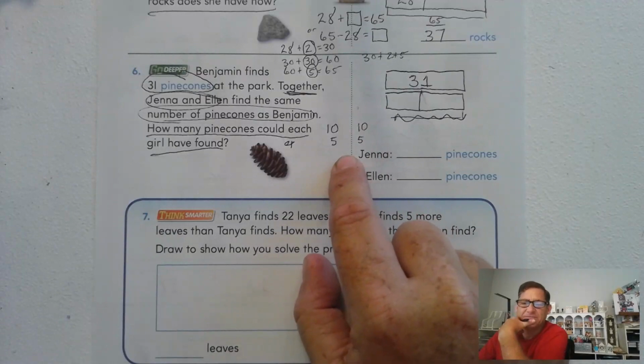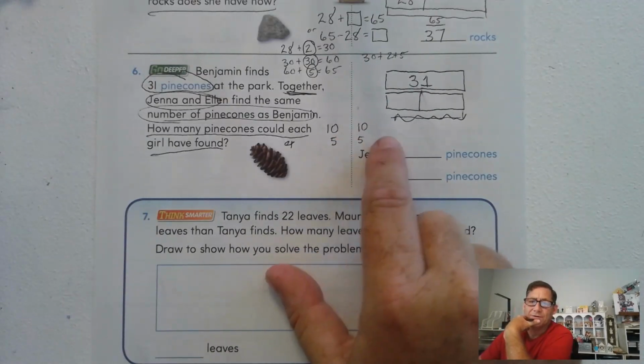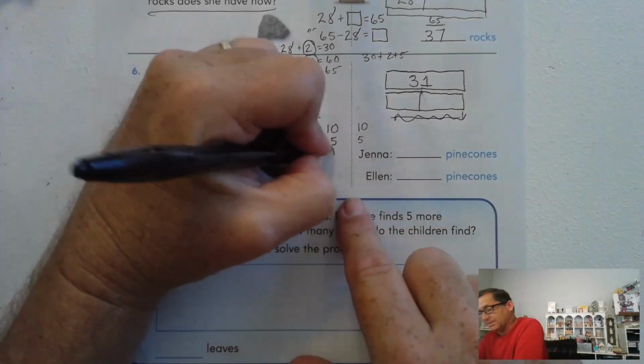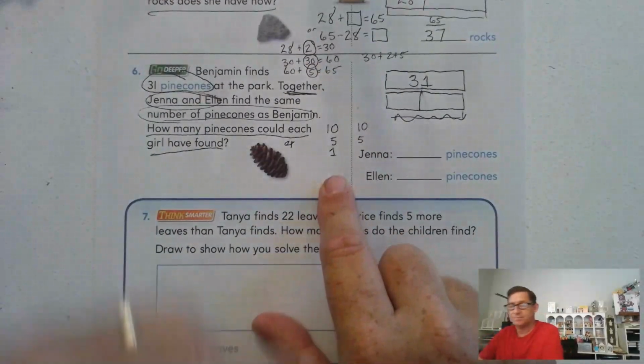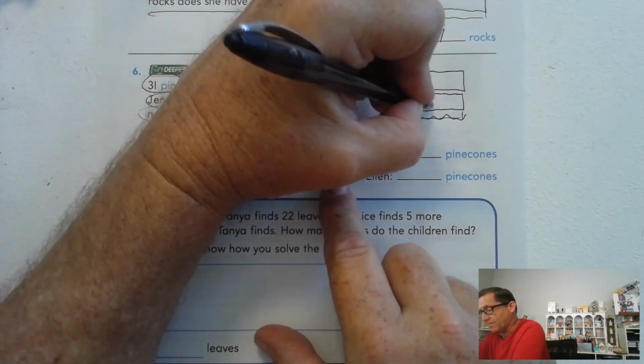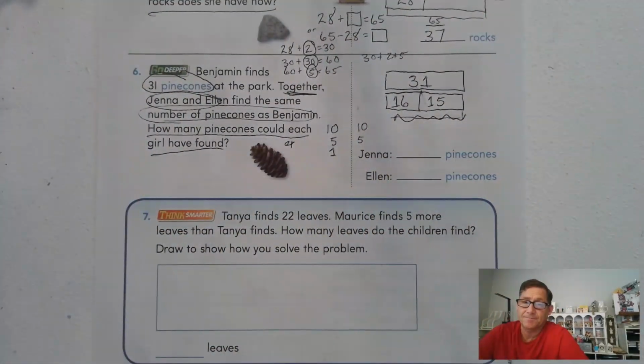Oh, well, you can't find half of a pine cone, right? So one of the girls has to have more than the other. So it doesn't matter which one you put, but it looks like one of the girls found 16 and one found 15. That's one possibility.